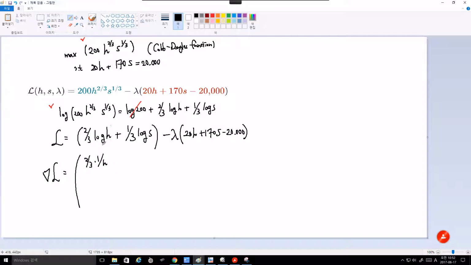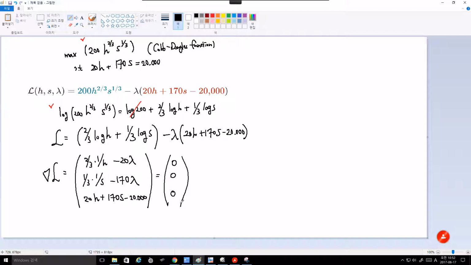And then we have minus 20 lambda. And for the second part, if we take the derivative with respect to S, it is 1/3 times 1 over S, then we have minus 170 lambda. And finally, if we take the derivative with respect to lambda, we have 20 H plus 170 S minus 20,000, and this should be 0.